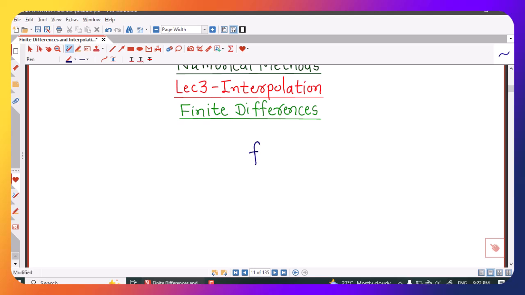Suppose we have some function of x denoted by y, and suppose values of x are equally spaced, that is we can have x0, then next value x1 can be written as x0 plus h, x2 is written as x1 plus h, and so on.